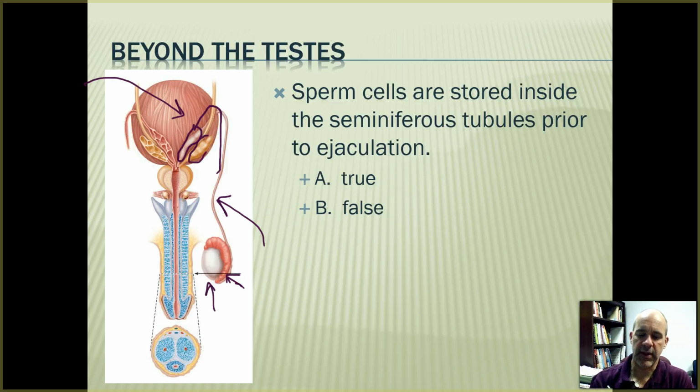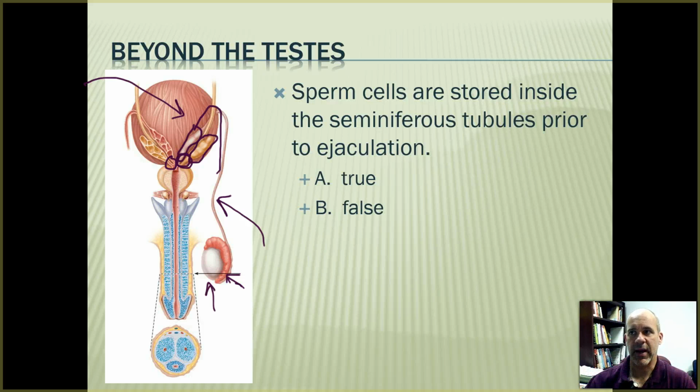Hopefully you recognize the little yellow gland over there. That's a seminal vesicle, which produces a large amount of the fluids that are present in semen. And then right in here, where those two come together on each side, that's where you have the ejaculatory duct.